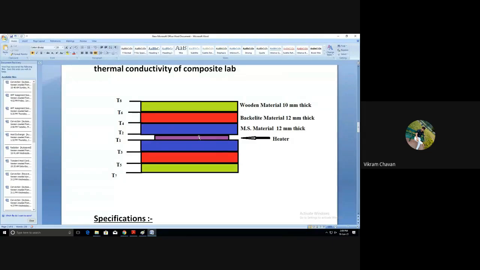This heat energy will be provided to these two composite walls.